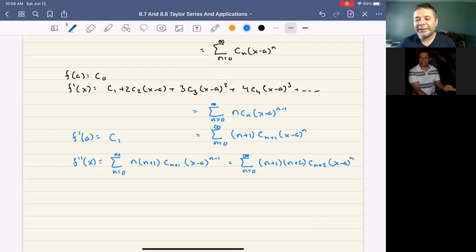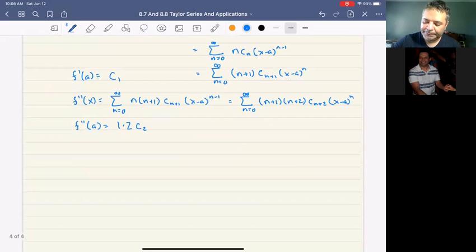So what is f double prime of a? F double prime of a is going to be 1 times 2 times c sub 2, right? Every other term becomes 0. Okay, I can continue in this way.